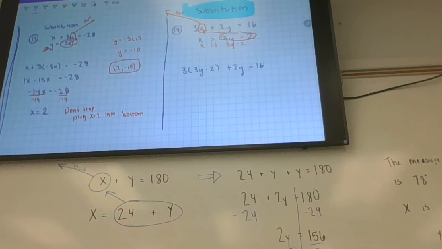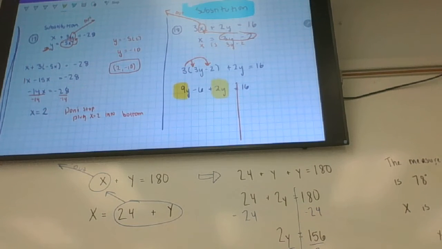Okay, as I walked around, I saw a lot of you did that correctly. Now we have to solve this multi-step equation. We have to distribute. And then, what do we do next? I'd like to combine like terms.